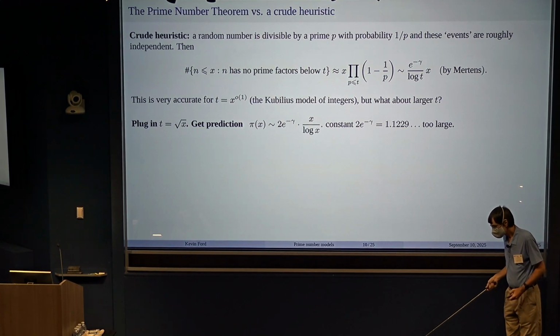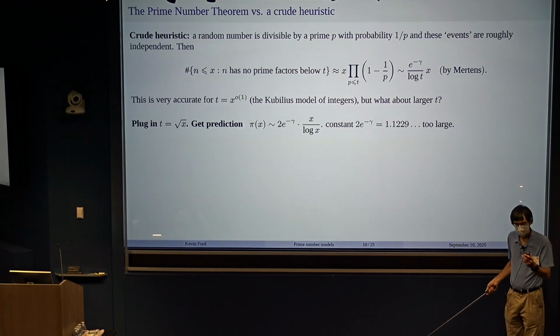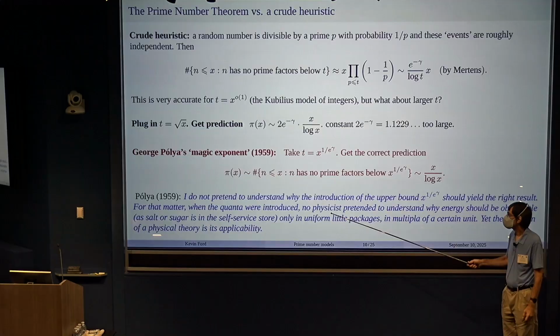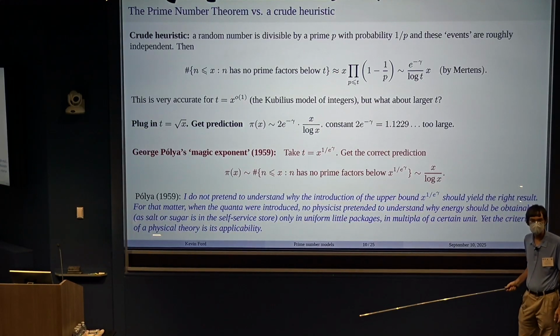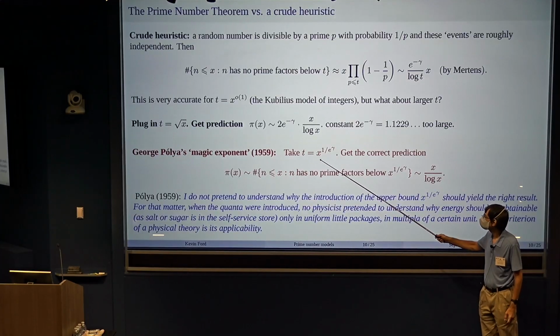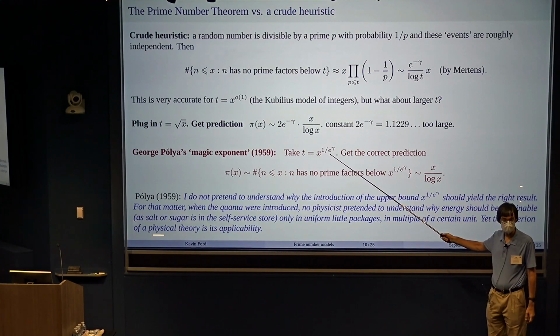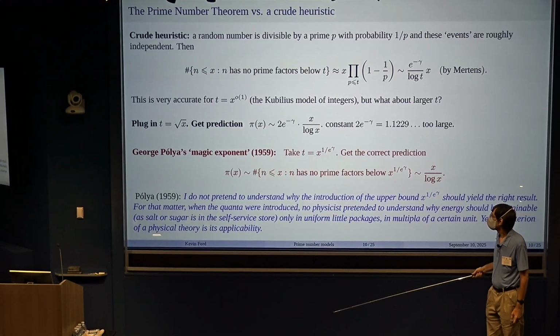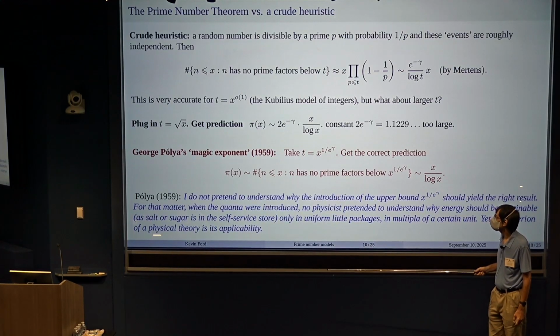Okay, but the next idea is due to Pólya, and it seems completely crazy at first. Pólya's idea, from a little expository paper he wrote in 1959: take t to be x to the power 1 over e to the gamma. Okay, now why did he choose that?